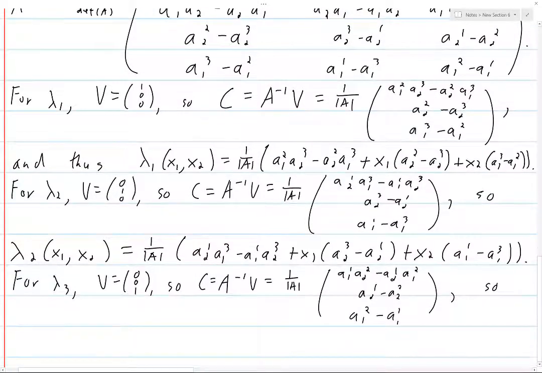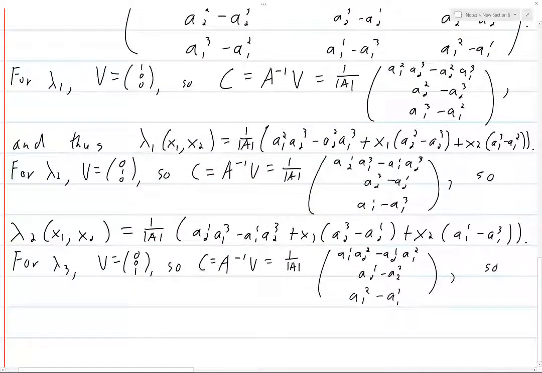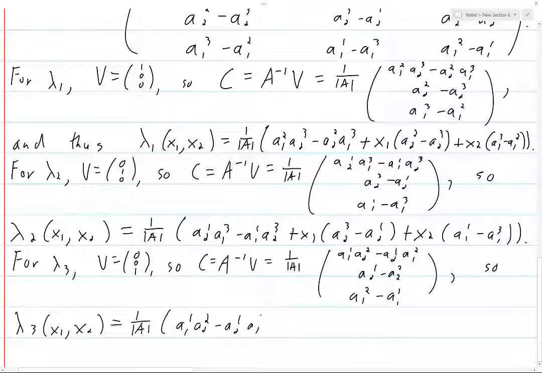So then we get, let's see here, what do we get? We get lambda 3, x1, x2. It's 1 over determinant of A times A11, A22 minus A21, A12. Now we add x1, and the coefficient is A21 minus A22.